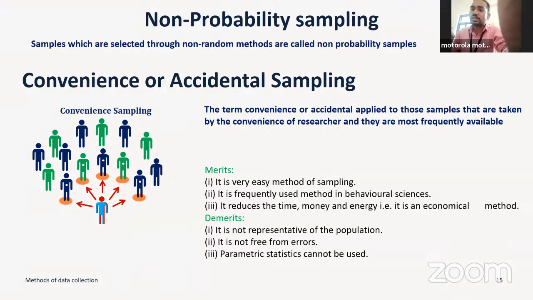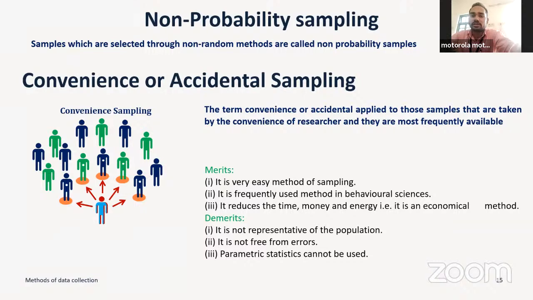It is a very easy method because we need not make any extra effort. We simply select the samples that are present nearby me. Same in our science, we are collecting the samples that are available to us. Therefore it is also called an accidental sample.